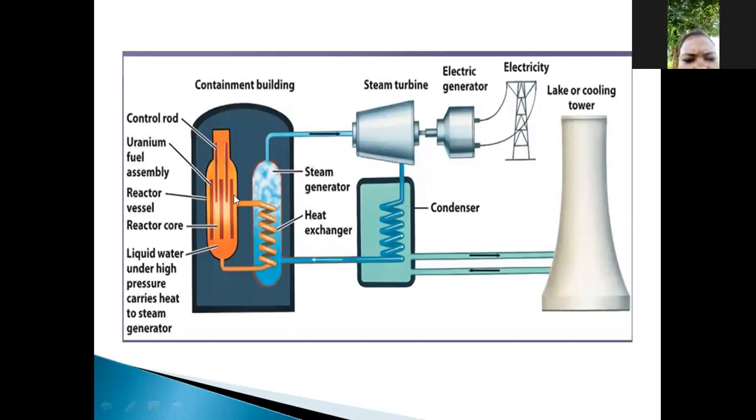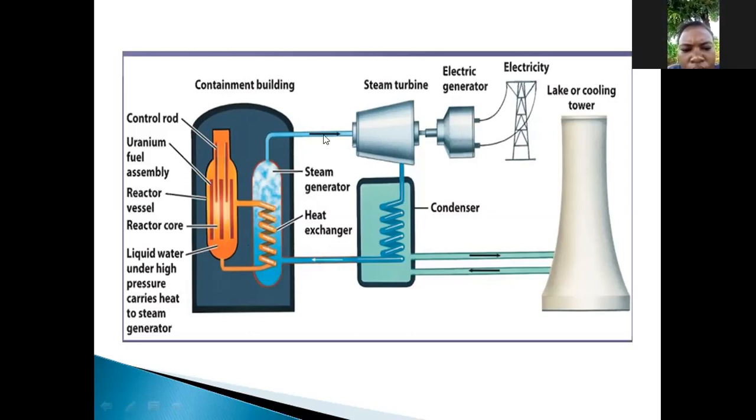You have the uranium fuel, and a neutron is introduced inside here, and that neutron will initiate the chain reaction. Inside here we also have liquid water under very high pressure, which carries the heat to the steam generator. Once the heat has been produced, there's a heat exchanger here, whereby the flowing water can be heated.